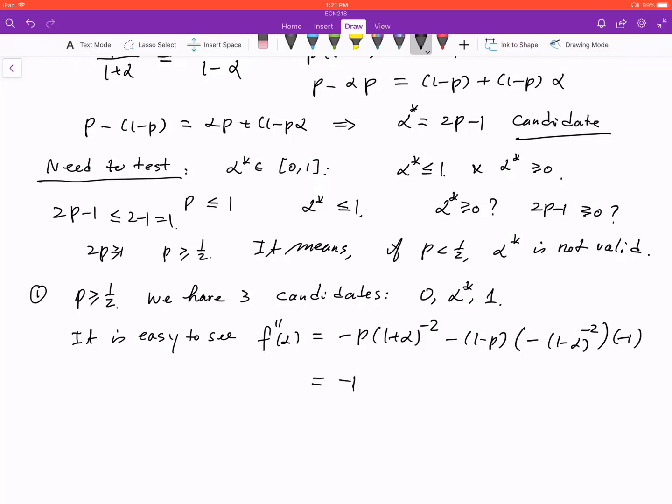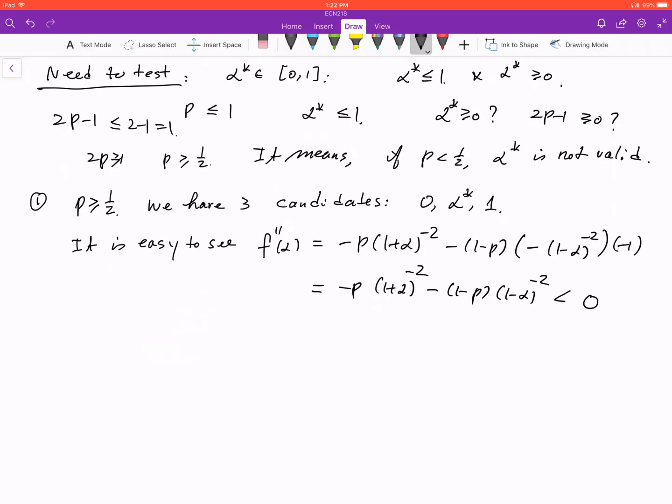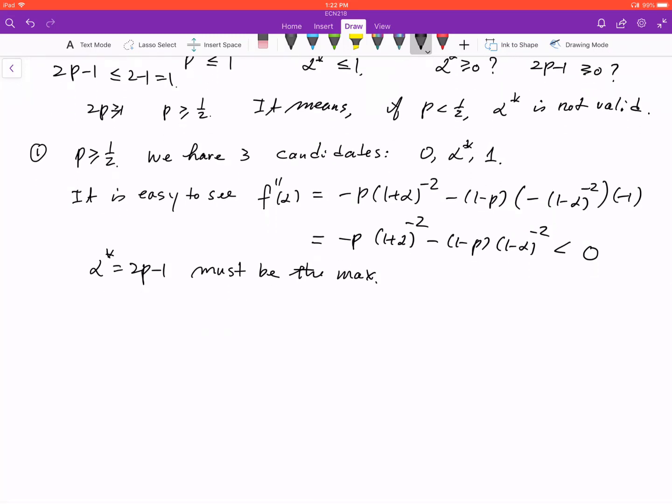So we have negative p (1 plus alpha) to the negative 2 and negative (1 minus p)(1 minus alpha) to the negative 2. Both terms are negative, so we have this one less than 0. So what it means is that alpha star equal to 2p minus 1 must be the maximum. The reason is that we have a concave downward function, and that's the maximum value we have.